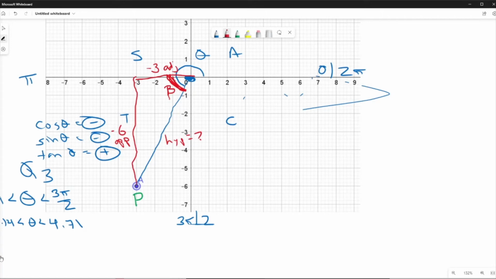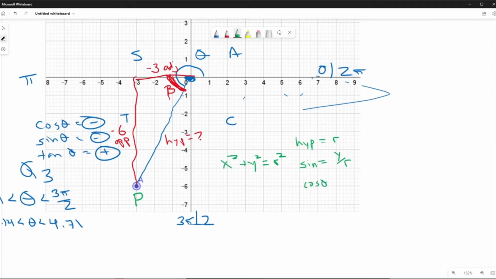Let's create a relationship here between the sides of the triangle. X squared plus y squared equals r squared. R is the radius of the circle, and r is the hypotenuse. Okay, hypotenuse equals r. So sine would be y over r.